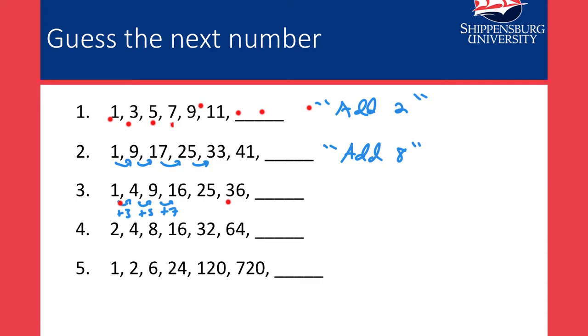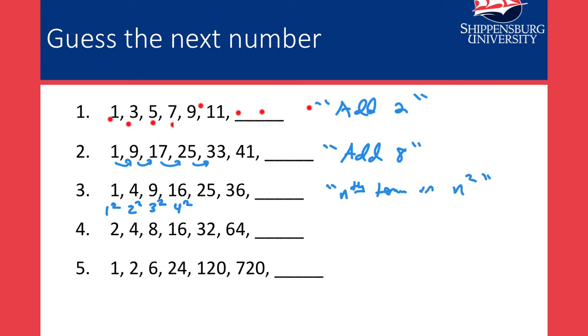But if you notice that the sequence here is the perfect squares, then you're also likely to have said, well, the first term here is 1 squared, the second term is 2 squared, the third term is 3 squared, the fourth term is 4 squared, and so on. And so we could say the nth term is n squared.